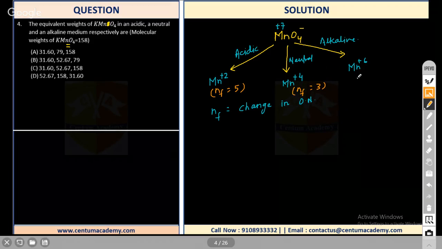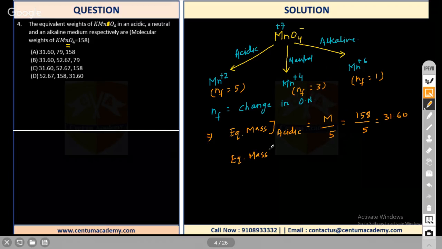And for alkaline medium, the N factor will be 1. Okay, so the equivalent mass in acidic medium will be molecular mass by N factor, which is 5. So molecular mass is 158, N factor is 5, 31.60.